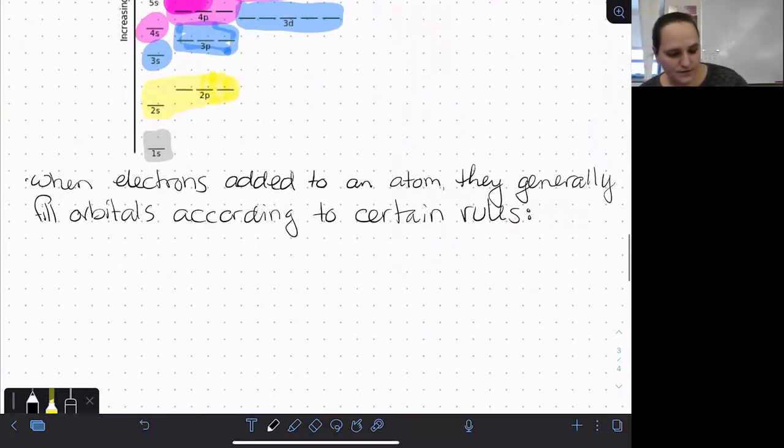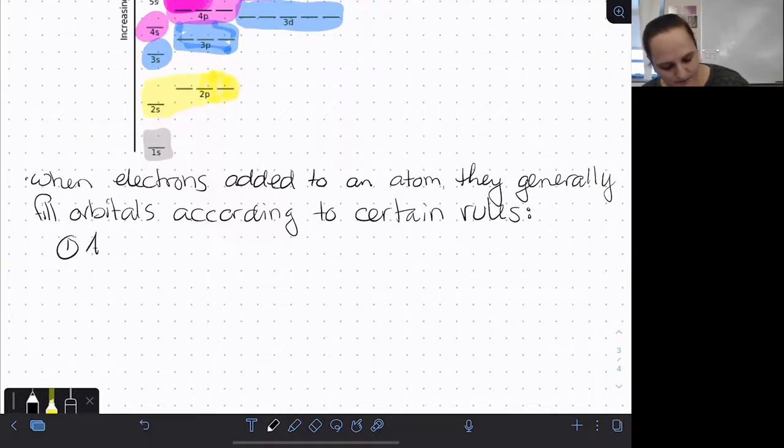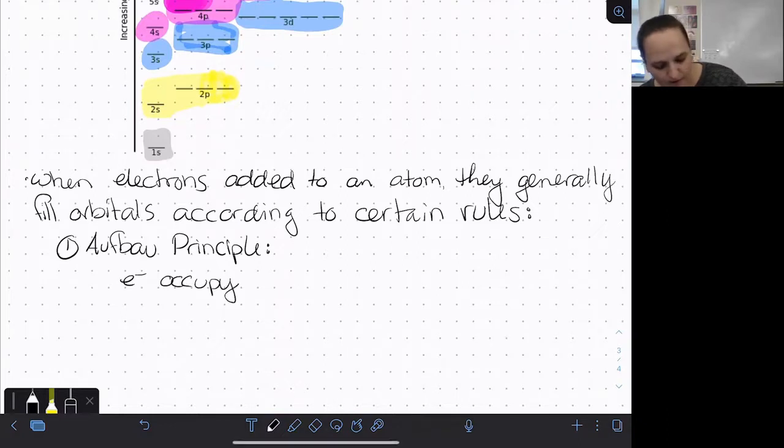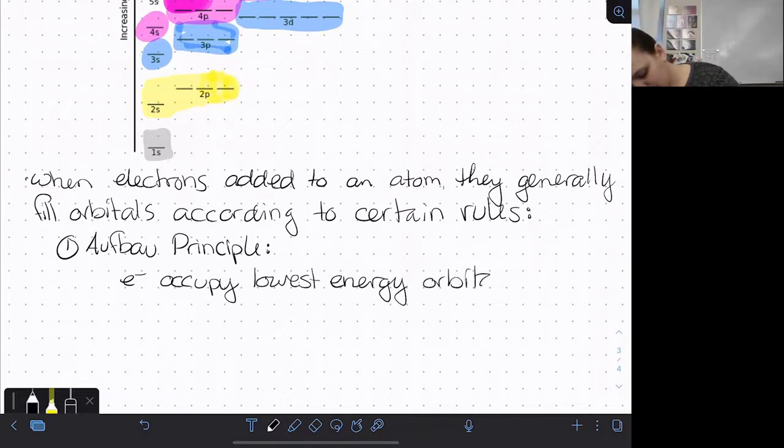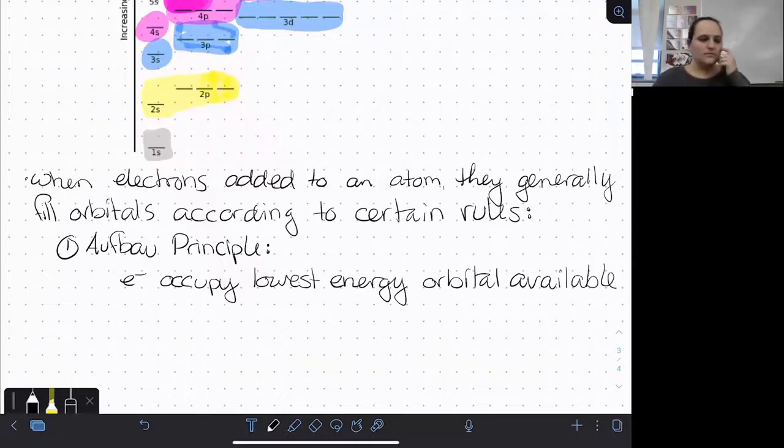So there are 3 rules. The first one is known as the Aufbau principle. It says that electrons will generally occupy the lowest energy orbital available. So we always start from the bottom and work our way up.